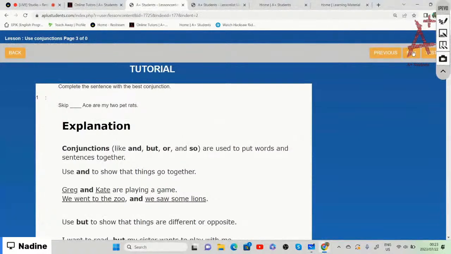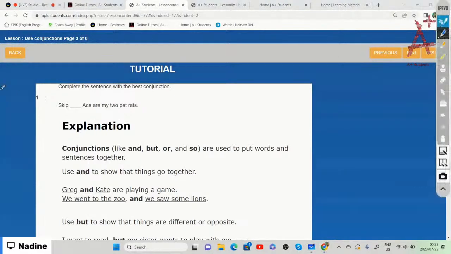If they are the pet rats, then we're going to say it is Skip and Ace. So Skip and Ace are my two pet rats. So and lets things go together, which is Skip and Ace. They go together and they are my two pet rats, Skip and Ace.